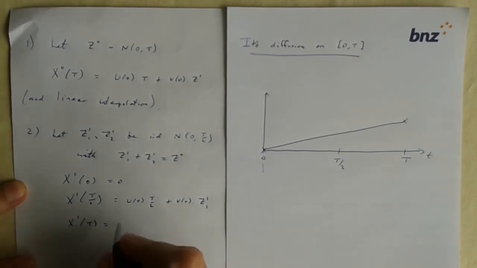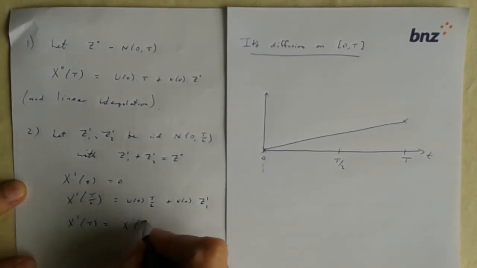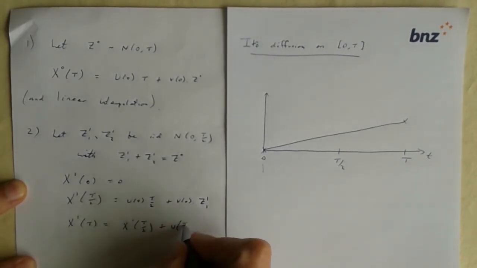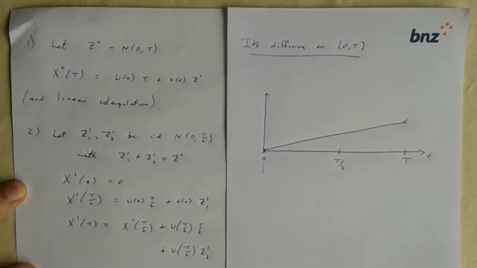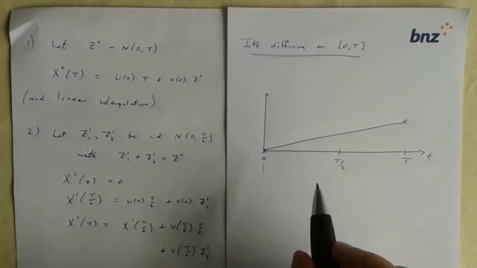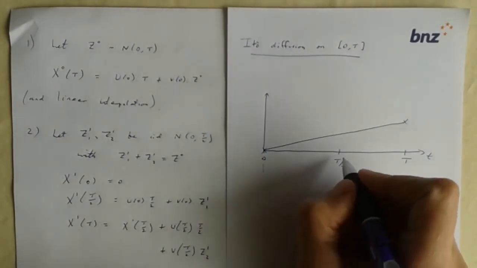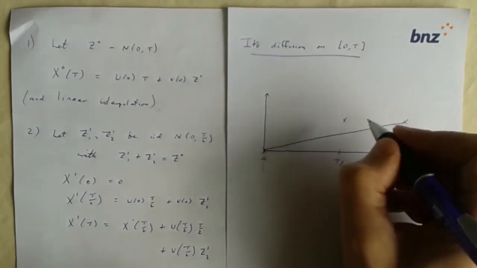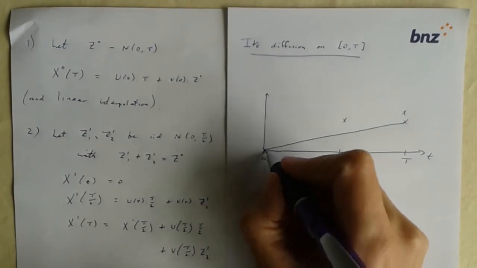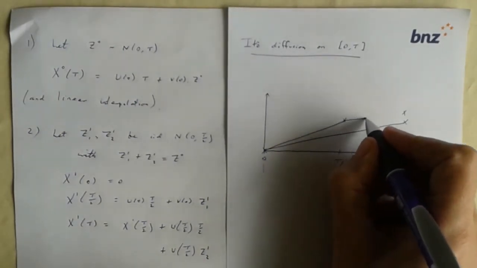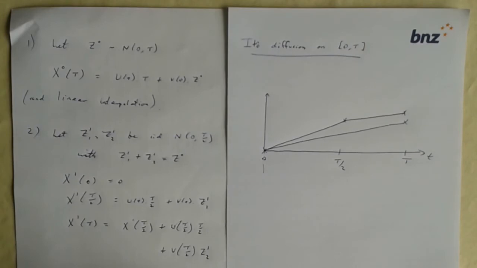And at time t, it'll be what it was at t over 2 plus like that. So now we've defined some values at times t over 2 and at t. So something like this. And in between we'll fill in straight lines again like this.